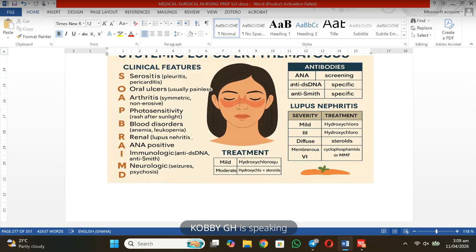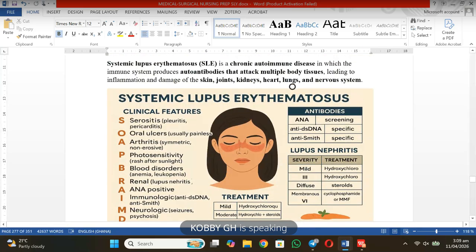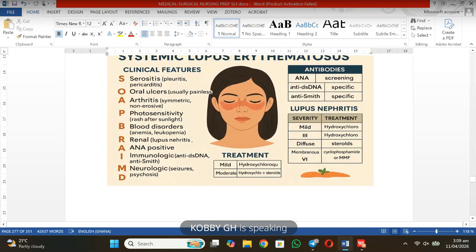If a patient is having systemic lupus, it's a serious condition because patients may even end up having pleuritis or pericarditis, oral ulcers, or arthritis. Can you imagine that? A patient having an autoimmune condition and manifestation in multiple organs in the body. Just that one major manifestation is in the skin.